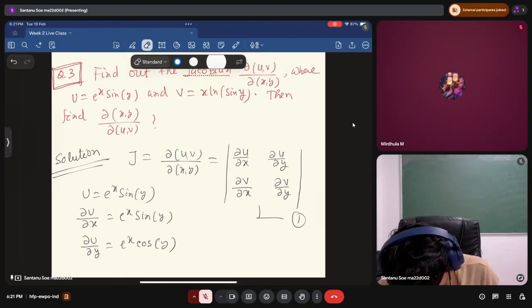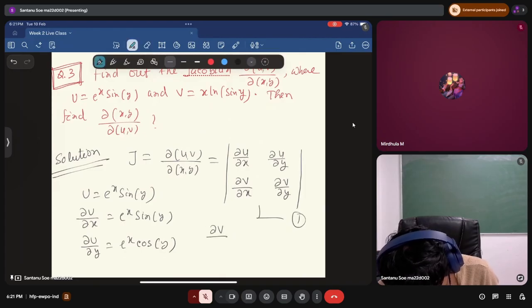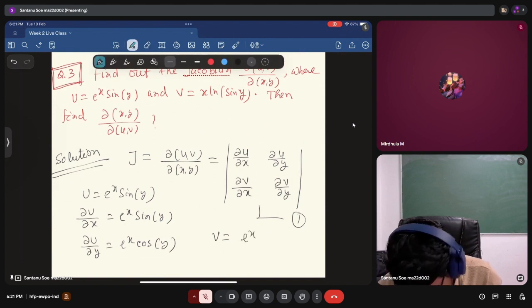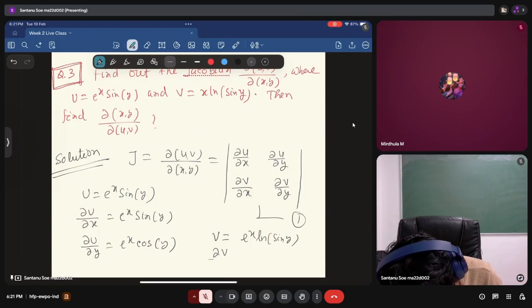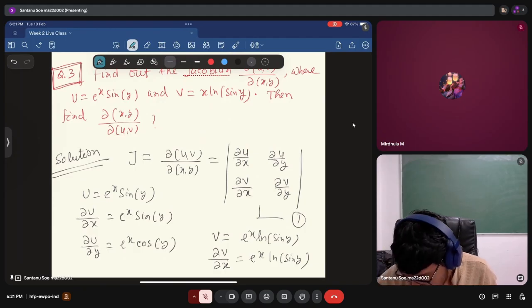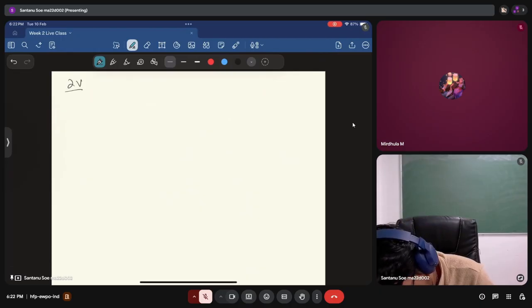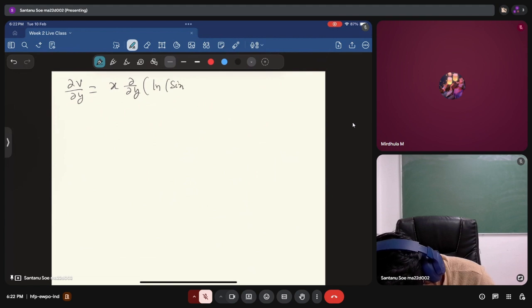Similarly, del v del x: since v is x ln of sin y, del v del x will be ln of sin y, and del v del y will be x times del y of ln of sin y.